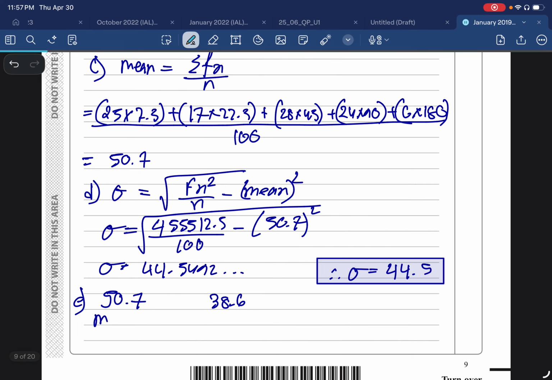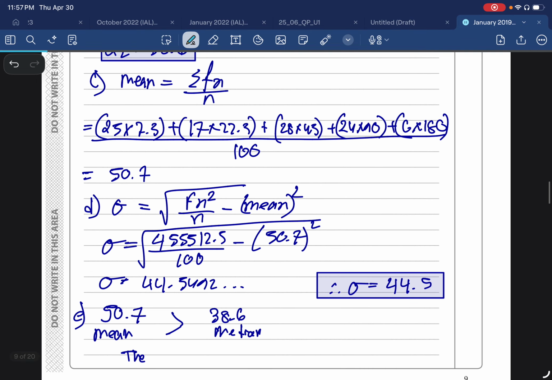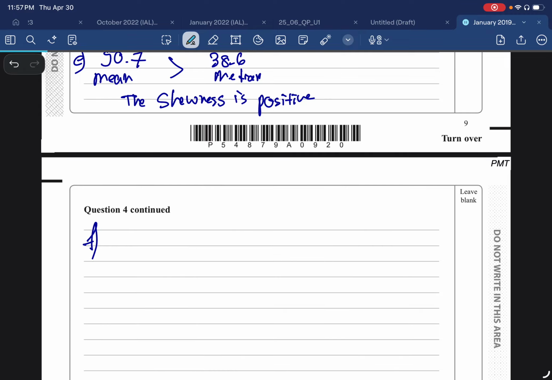So mean and median. Since our mean is greater than our median, the skewness is positive. If it was the other way around, the skewness would be negative. If it was equal, it would be symmetrical. Simple as that.